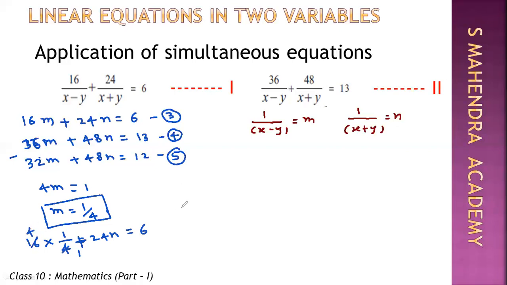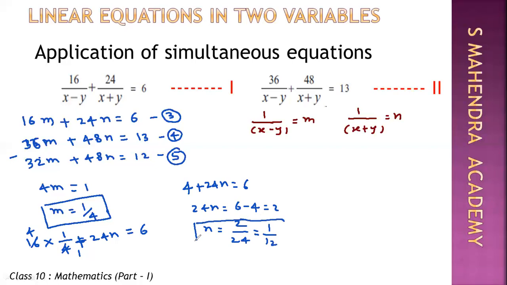So the equation will be 4 plus 24n is equal to 6, and 24n is equal to 6 minus 4, that is 2, and n will be 2 upon 24, that will be 1 upon 12. So the value of m will be 1 upon 4, and the value of n will be 1 upon 12.